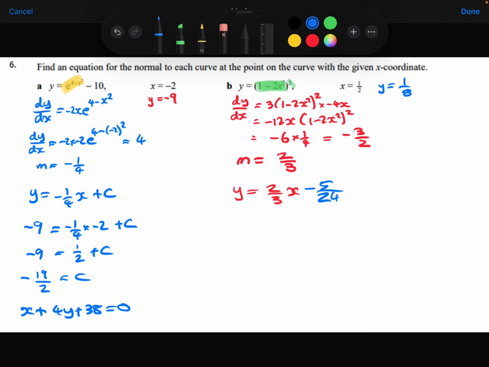And now, just to simplify that, let's multiply through by 24. So we'll get 24y is equal to 16x minus 5. And I could just take 24y away from both sides here. And there we go. That is my final answer.